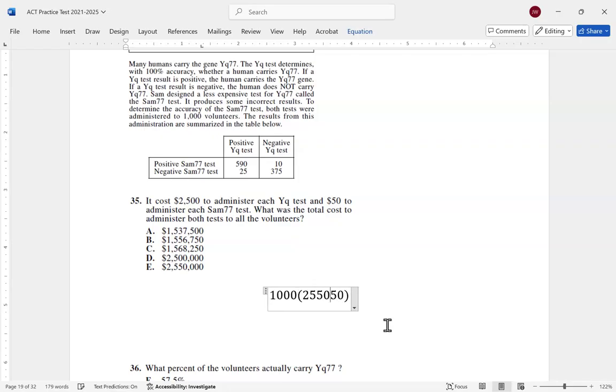So $2,550 per volunteer times 1,000 volunteers gives me $2,550,000. That's the total cost to administer both tests to each volunteer.